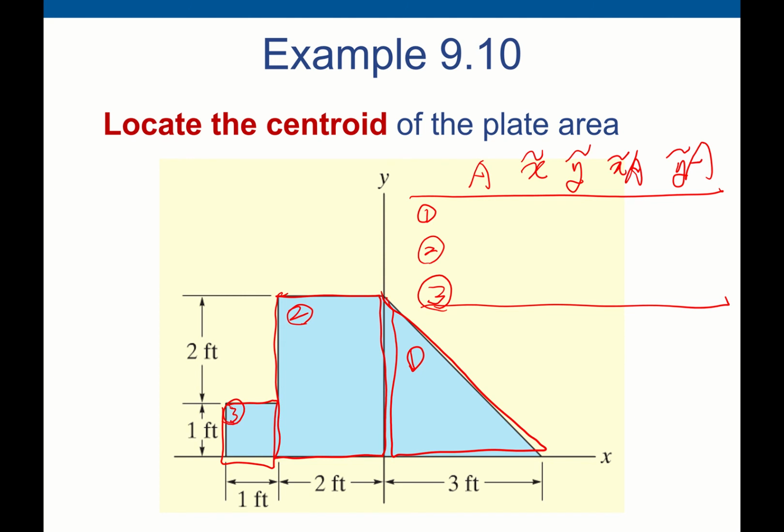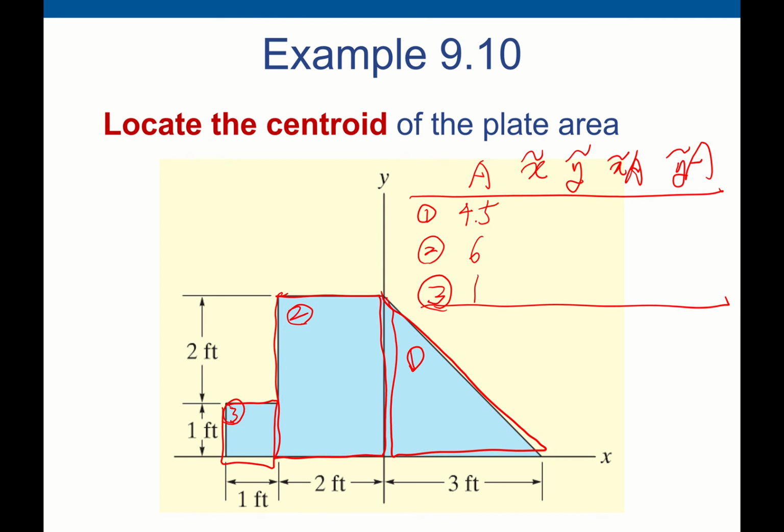What is the area of the first body, which is a triangle here? So you know how to calculate the area of a triangle. Okay, so it's 3 times 3 over 2, so 4.5. How about the second part? It's 6. How about the third one? It's 1, because 1 times 1 is 1.